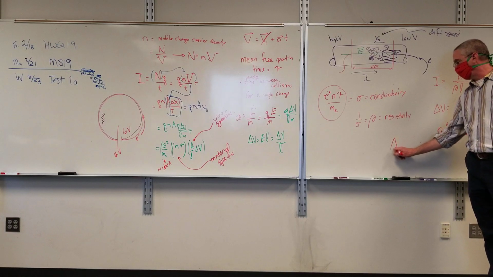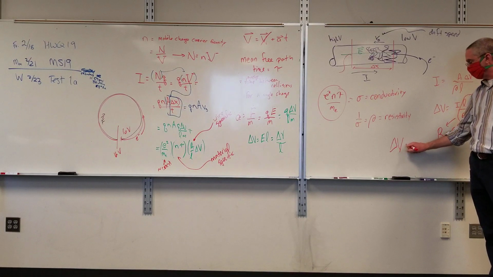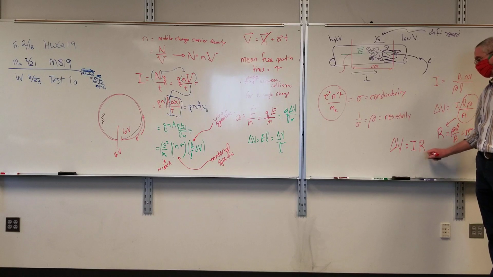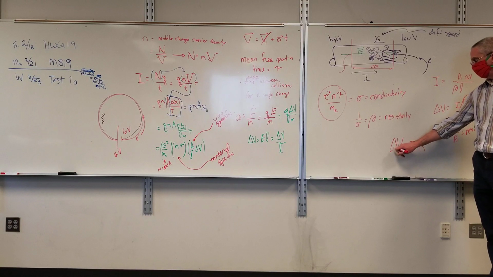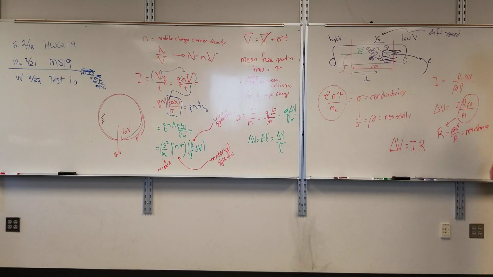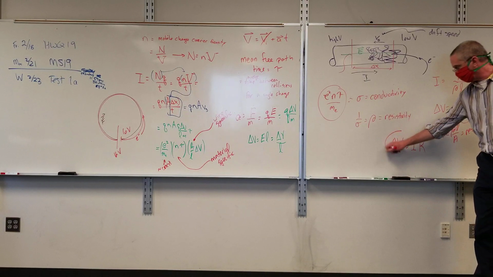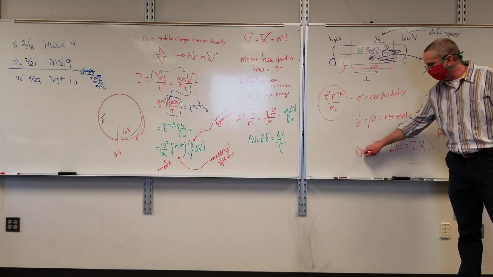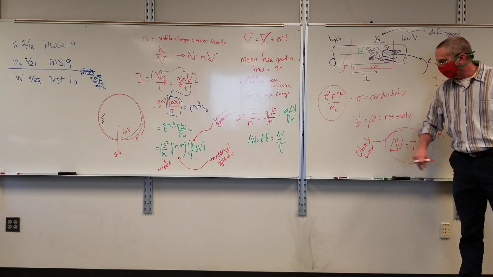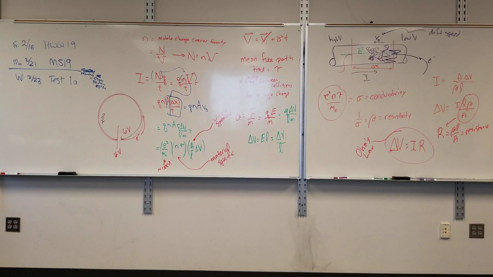But this breaks down into that the voltage is equal to the current times the resistance. Or the potential difference is equal to current times resistance. This is Ohm's law. And that, fortunately, is really easily shown in a lab.